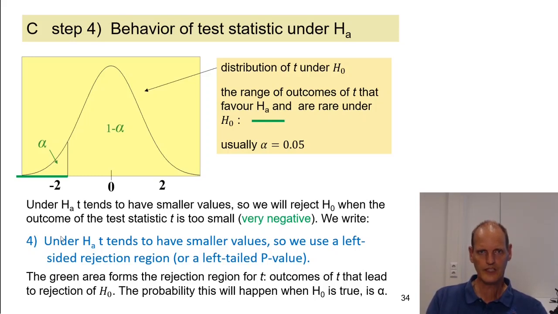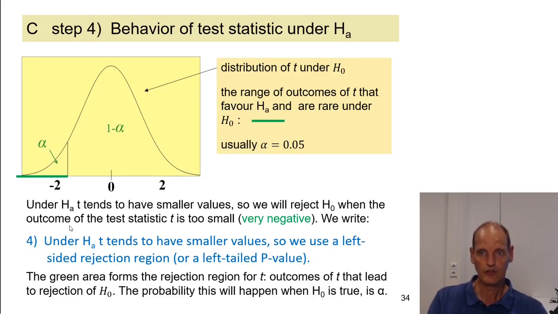So in step 4, we say, well, under HA, t tends to have smaller values, because in that case, y bar 1 will be small, mu1 is smaller than mu2, so y bar 1 will also be smaller than y bar 2, so t will tend to have negative values.